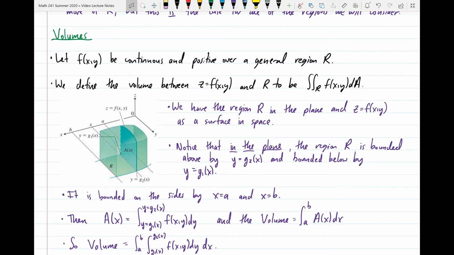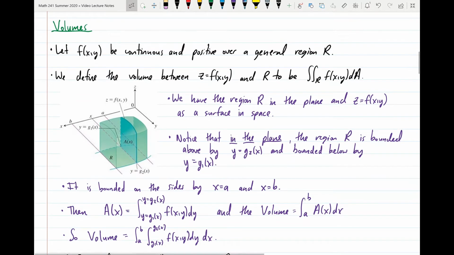So let f of xy be a continuous function as per usual, and assume that it's positive over a general region R. We define the volume between the surface z equals f of xy and that general region R to be the double integral of f of xy over the region R.